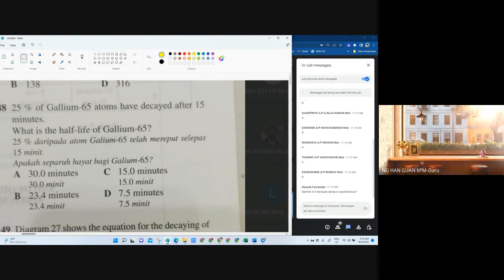What it means here is like this example. Let's say a sample takes 1 day, 24 hours, to decay 50% and remain 50%. So 1 kg becomes half kg. It takes 1 day.